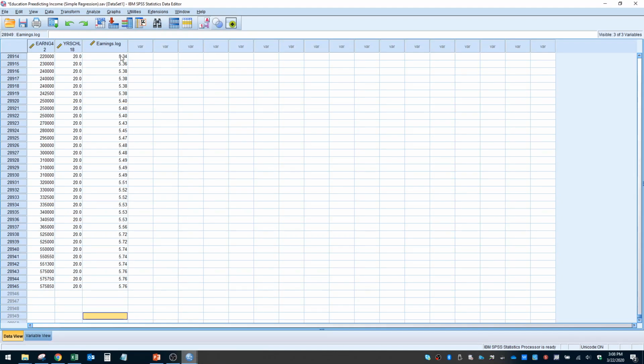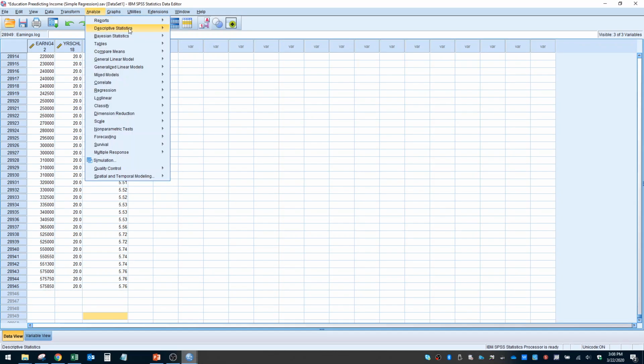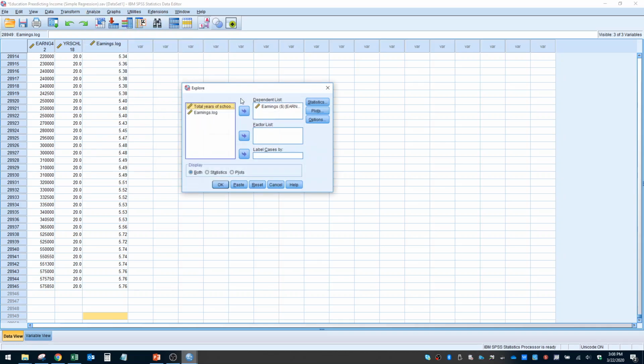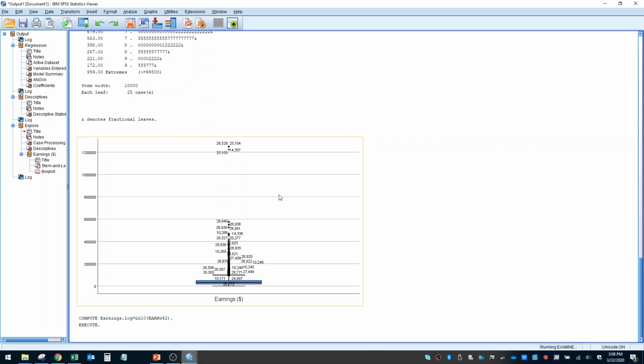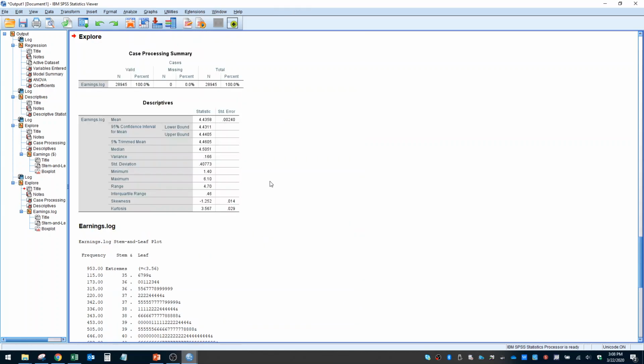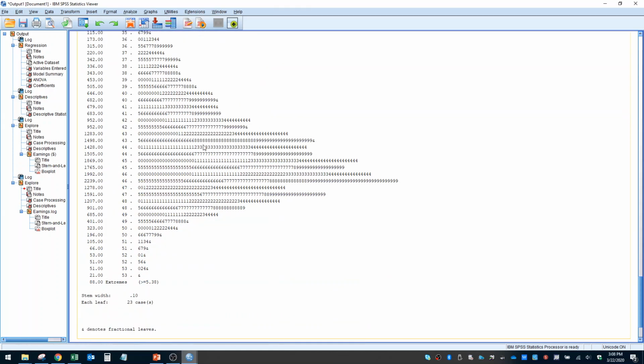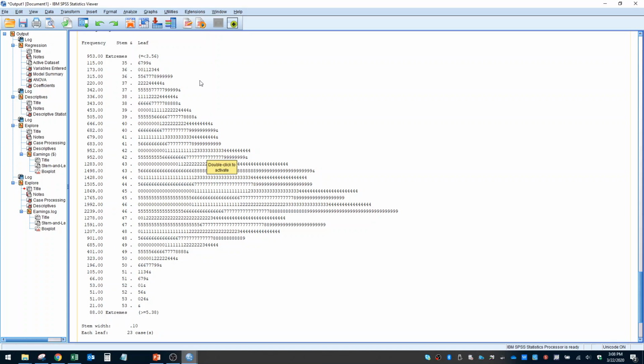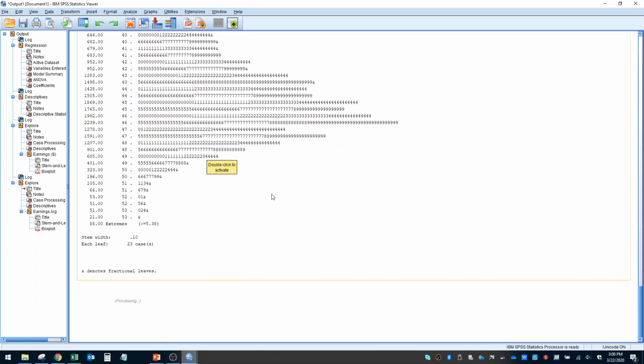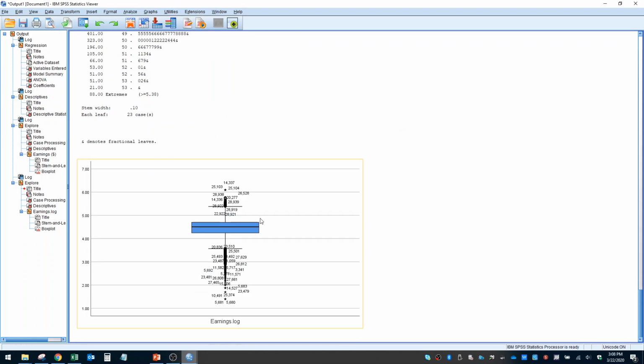I have a new variable, earnings log. Now, if I analyze Descriptives, Explore, and I look at the log data, I can see that my data now, from the stem and leaf plot, is looking fairly normally distributed. And I'll also see that for my box and whisker plot. It's normally distributed. So logging the data made my dependent measure normal, which is what I want to do.